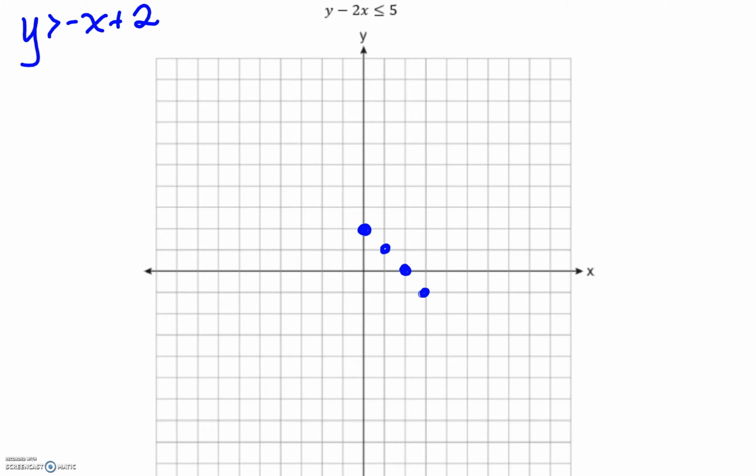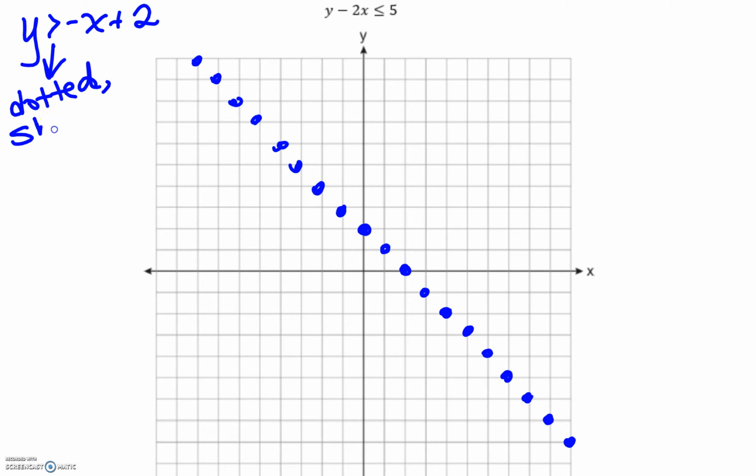Again, if you forget how to use the pattern, you could just type that into your calculator into y equals, pull up the table, and graph all those points as is. Right, so let's look at the type of line that we need. There is no line underneath, so it's going to be a dotted or dashed line, and that is the greater than symbol, so we're going to shade up.